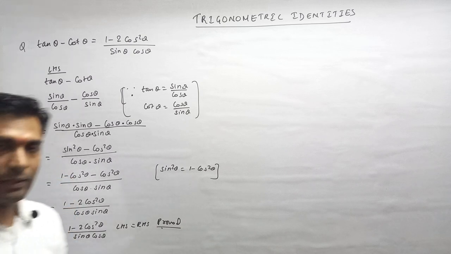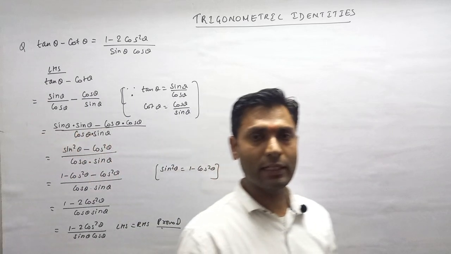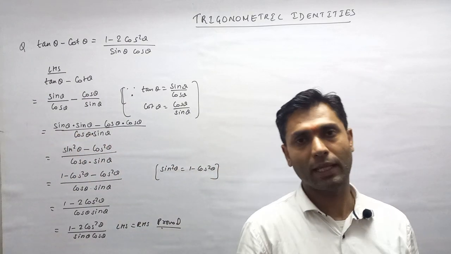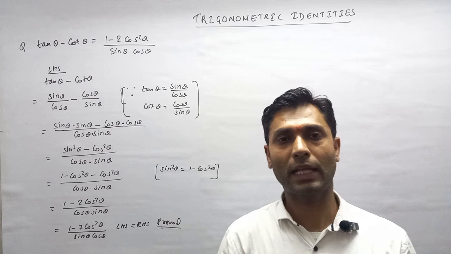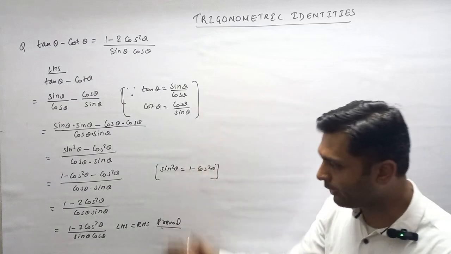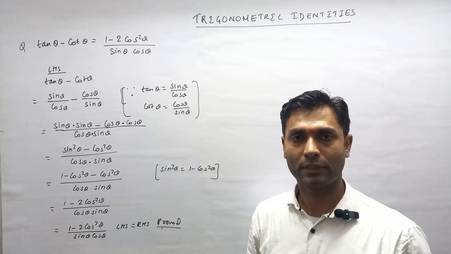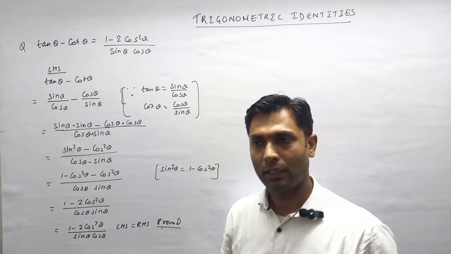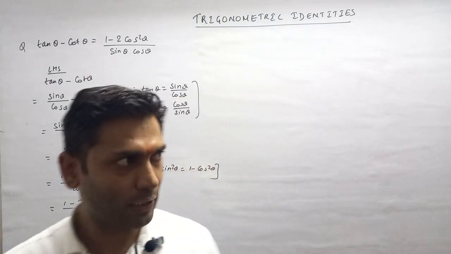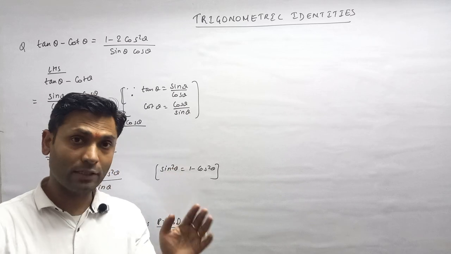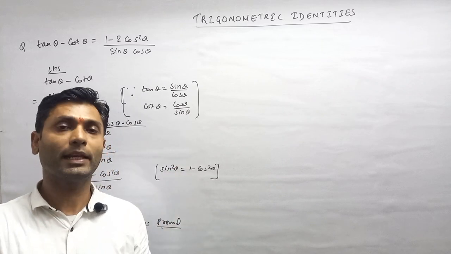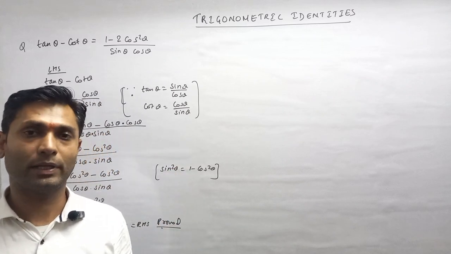So students, I request you, I tell you, practice at least 2 to 4 identities per day. I'm telling you, in a very short time you will be fluent in solving such kind of identities, right? And I also tell you to practice the identities, how to derive the identities and the tables as well, right?